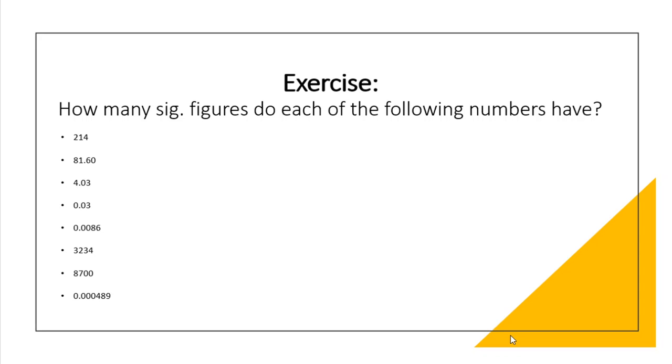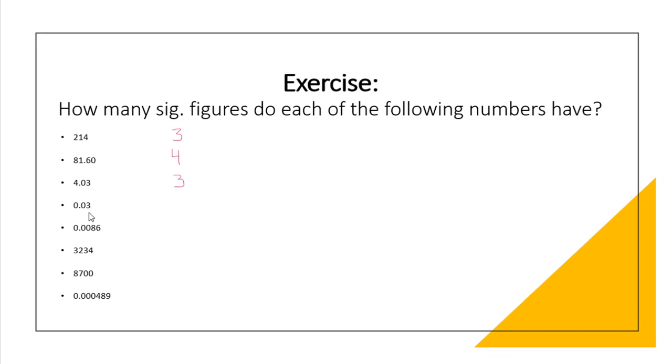The first one is very simple because there are no zeros and we know that all digits are significant figures. So it will have three significant figures. But the second one has four significant figures. And the third one has three because the zero is between two significant figures.